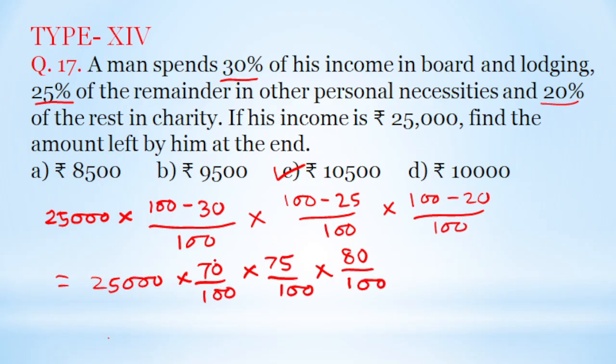Here these two zeros cancel these two zeros, these two zeros cancel these two zeros, and when 75 is divided by 25, it becomes 3, and when 100 is divided by 25, it becomes 4. Now 4 2s are 8.